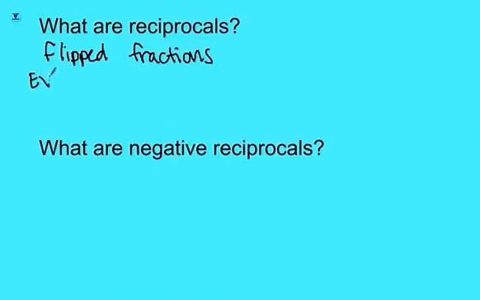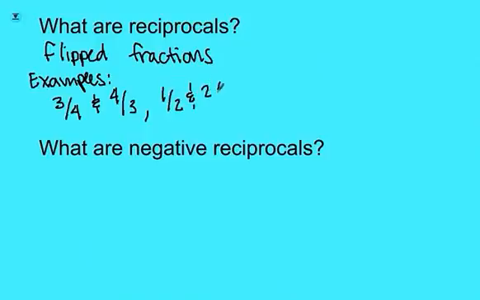Some examples would be 3/4 and 4/3. 3/4 was the original fraction, so if I want the reciprocal of that, all I have to do is flip the fraction 3/4 and make it 4/3. Another example would be 1/2 and 2/1. All I did was flip the fraction 1/2 and make it 2/1.